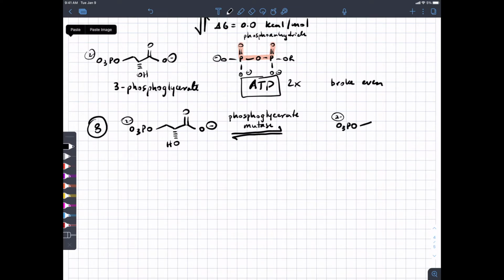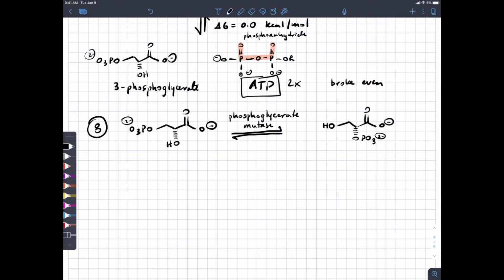from carbon 3 to carbon 2. Except I didn't do that. Let's try that again. All right.